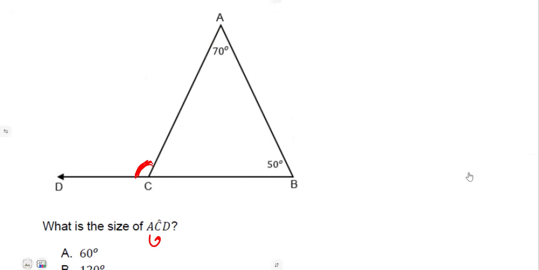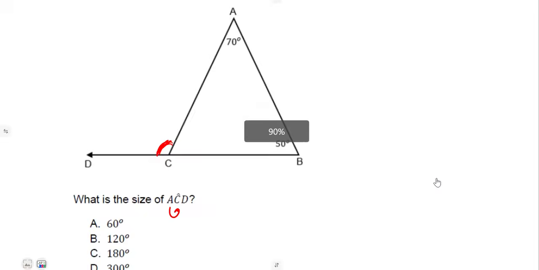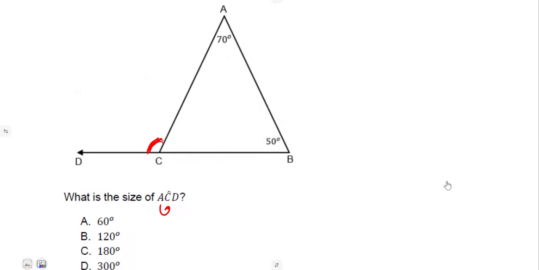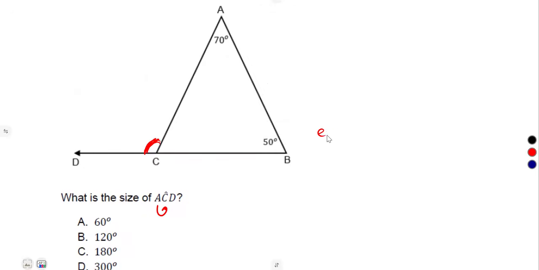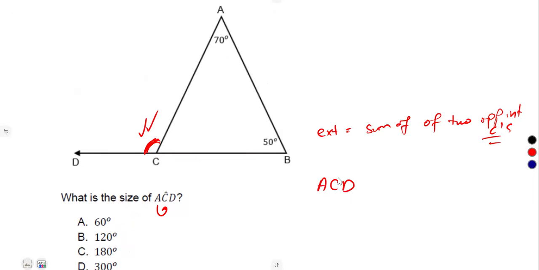We do understand from the properties of triangles, I explained, guys, that the exterior angle is always equivalent to the what? Sum of the two opposite interior angles. Meaning to say the exterior angle that we want, which is ACD, must be equal to the sum of the two opposite interior angles.